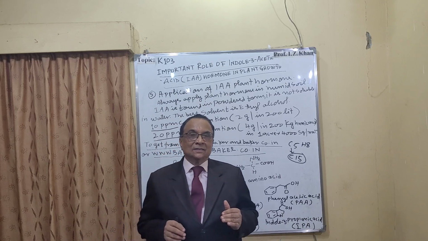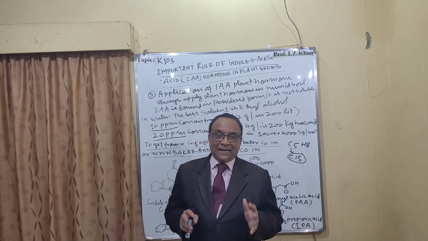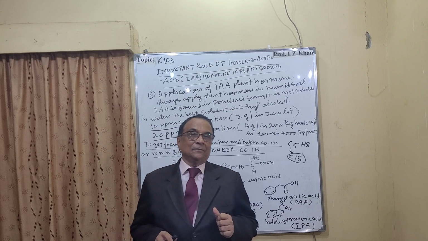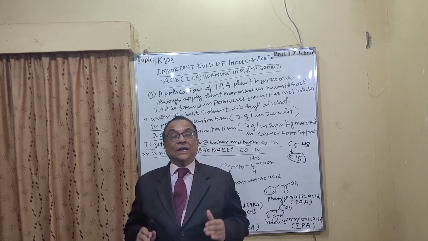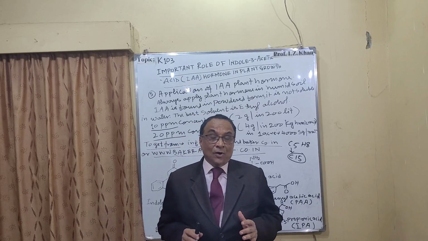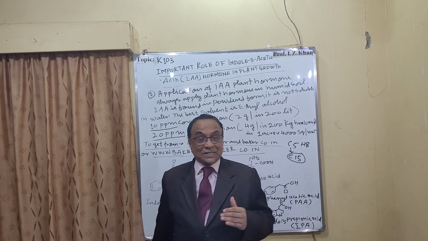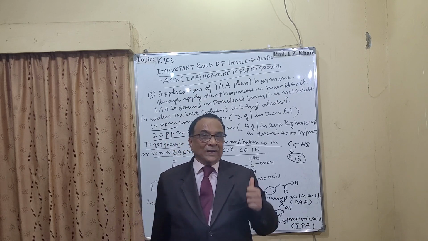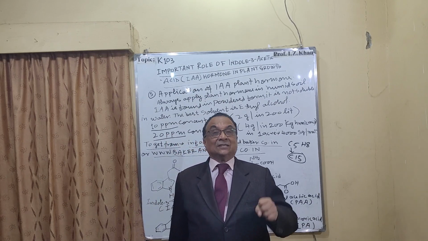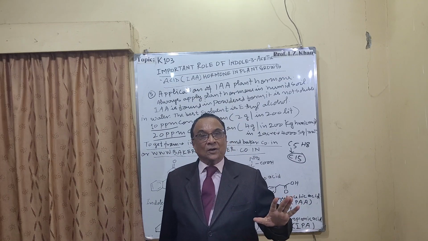Auxin means IAA, indole 3 acetic acid group, and they are growth hormones and very important for plants. If it is noticed that it is not naturally manufactured within the plant itself and there is deficiency, then you have to apply it from outside.